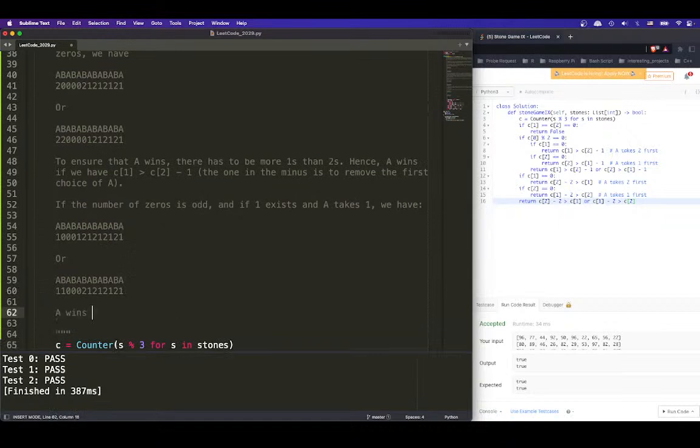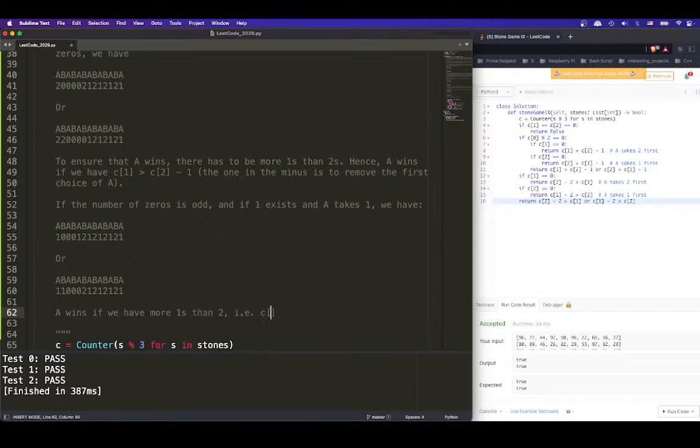So A wins if we have more ones than twos.